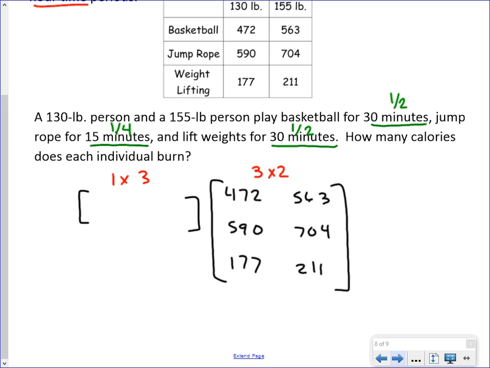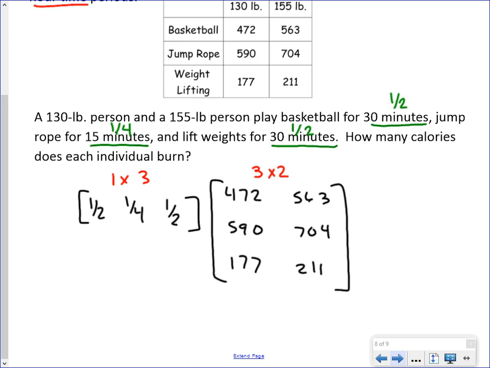And remember, if we were going to multiply them, then we'd turn that whole row vertical. We want basketball, jump rope, weightlifting. So we would do 1/2, 1/4, 1/2. That way, I'll do half an hour of 472, a fourth of 590, 1/2 times 177.